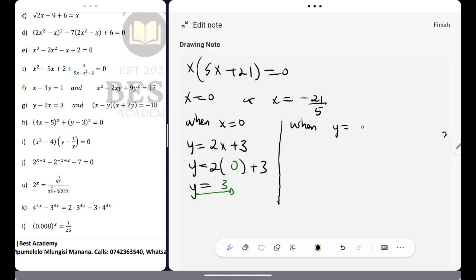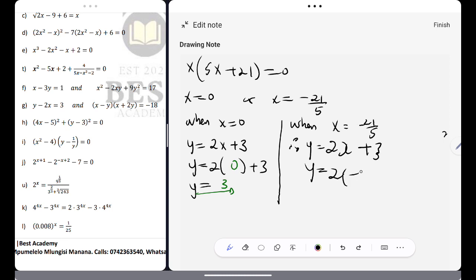On the other side, when x is equal to negative 21 over 5, therefore y is equal to 2x plus 3.